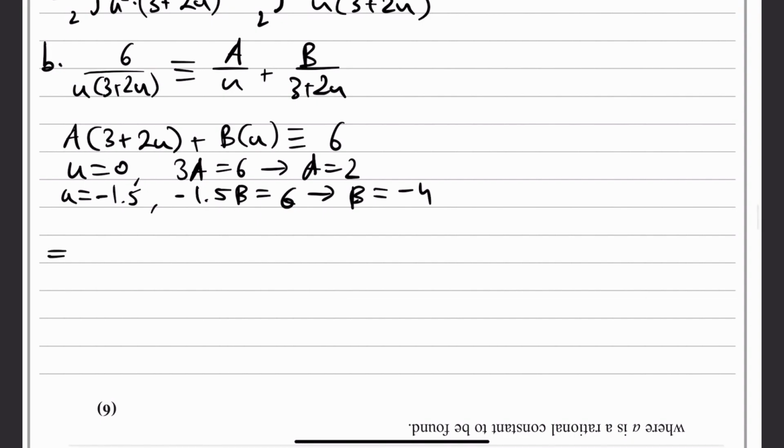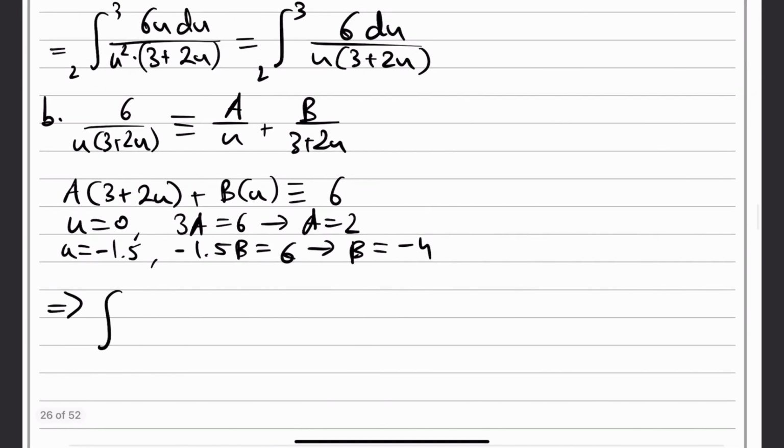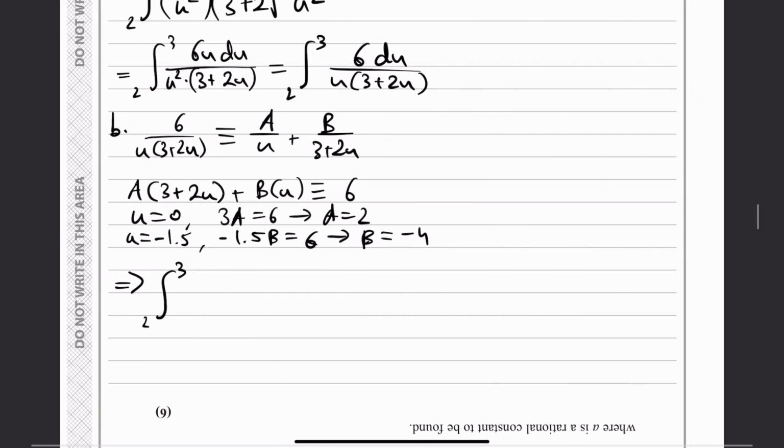So that allows us to transform this integral into this now. The integral from 2 to 3 of 6 du over u, and we put it into this form. So 2 over u minus, oh, that looks way too much like a 4, minus 4 over 3 plus 2u du.